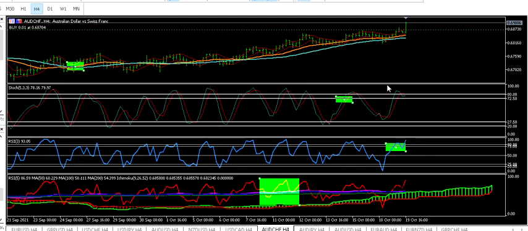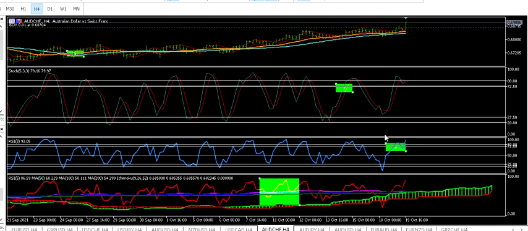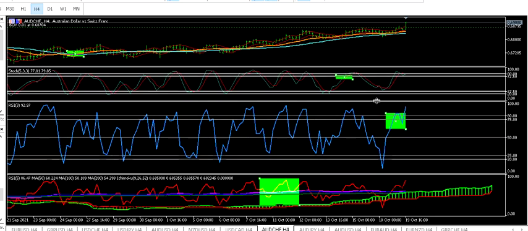Around here it tested this 75.80 level, retraced, then started to go up. At this point, you look for buy opportunities.